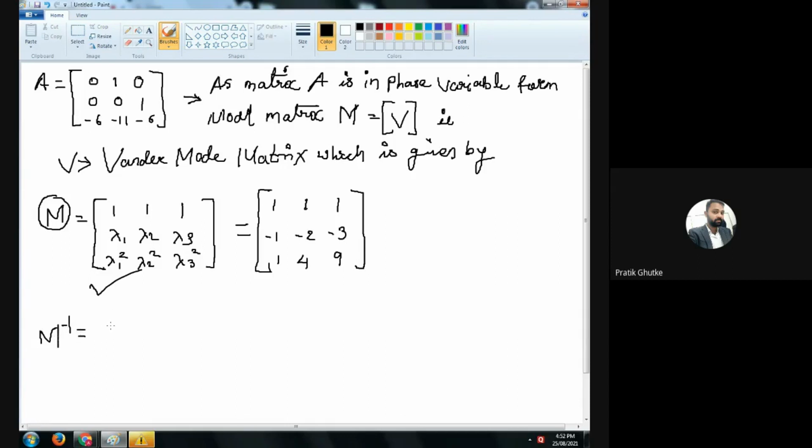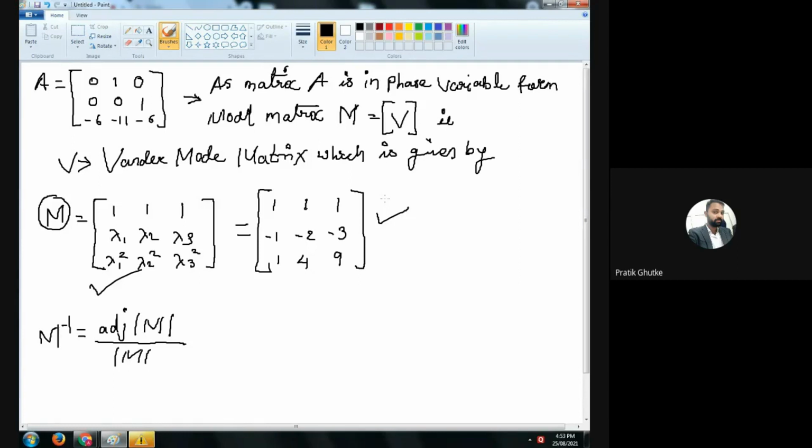To calculate M inverse, it is adjoint of mod M divided by mod M. In the calci, you need not use the traditional method to calculate the inverse of any matrix.